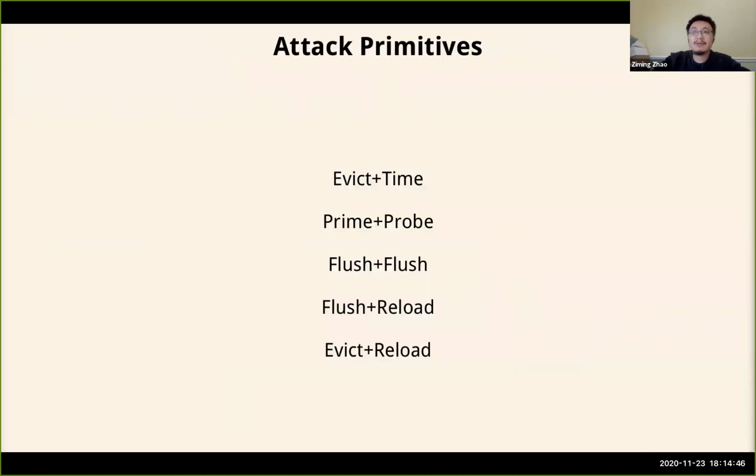in the last 15 or, let's see, probably 18 years, I think the first cache side channel attack came out maybe 2002 or something. That's the evict time and the prime and probe approach, probably at that time.